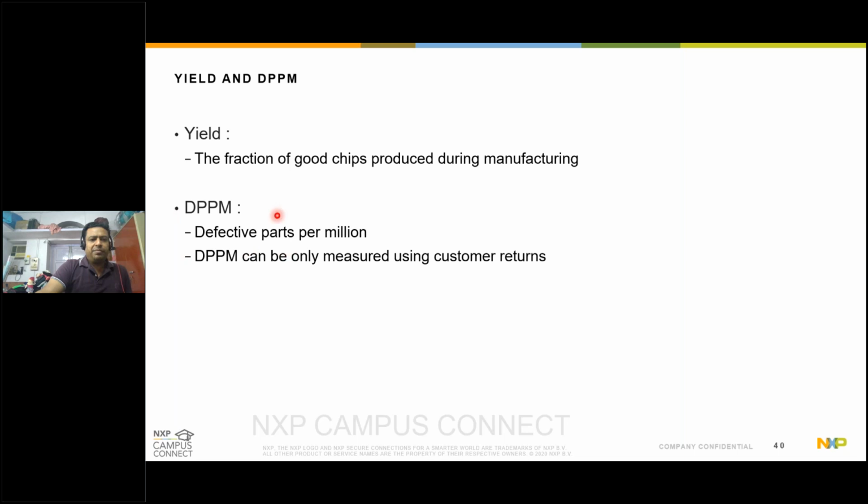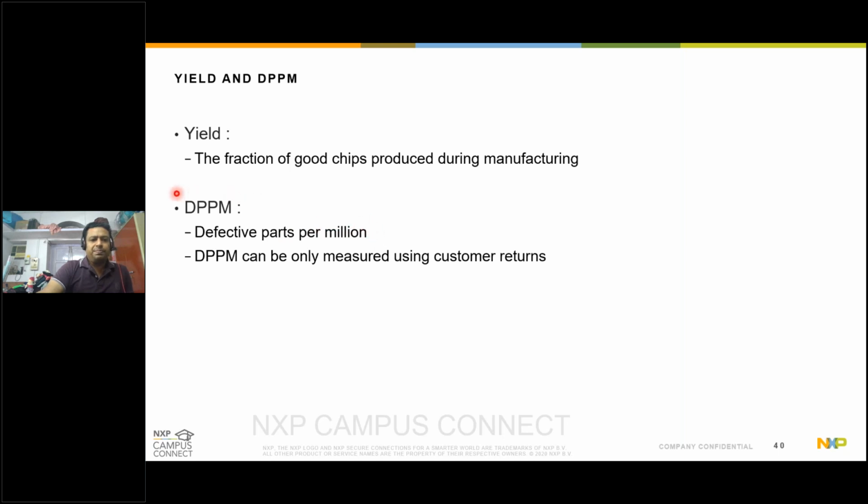DPPM stands for defective parts per million. What it says is, even after testing your chip at wafer level and the package parts, if you miss detecting a fault and a faulty chip is shipped to a customer, this number indicates how many such faulty chips got shipped to customers out of a million parts.